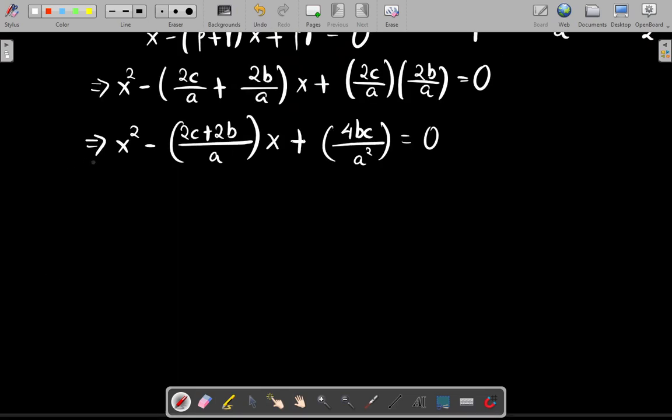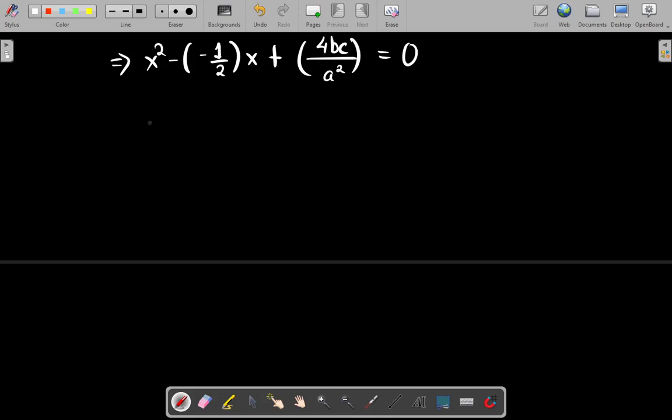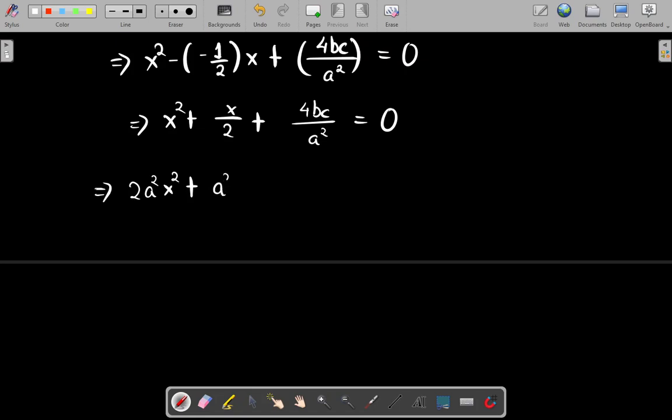This will become x square minus half times x plus 4bc upon a square is equal to 0. So this now becomes x square plus x upon 2 plus 4bc upon a square is equal to 0. On taking the LCM, this will become 2a square x square plus a square x plus 8bc equal to 0.